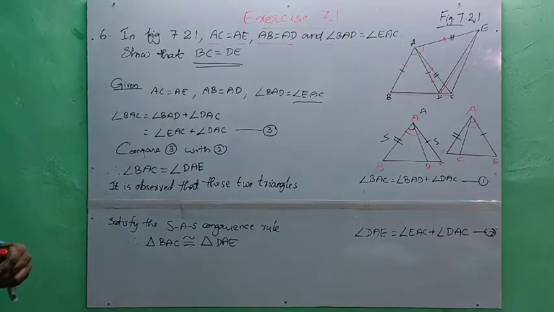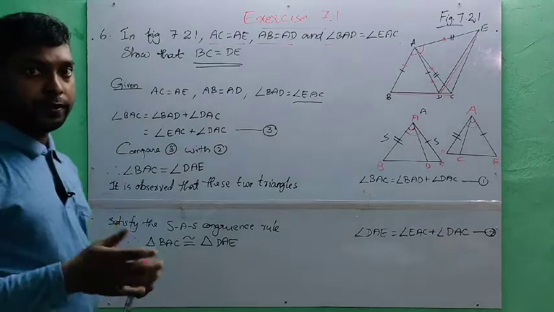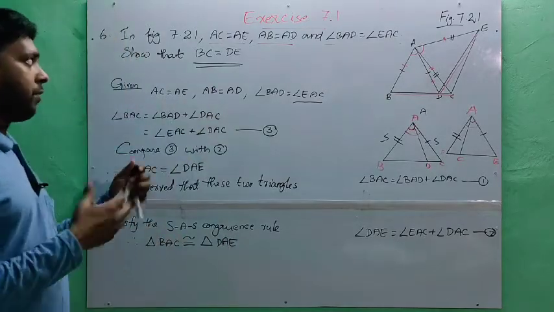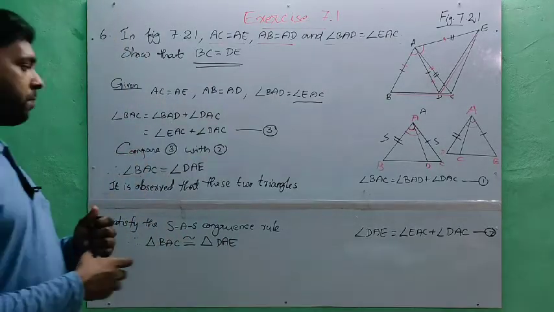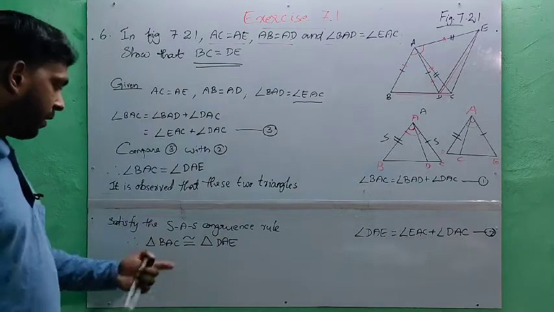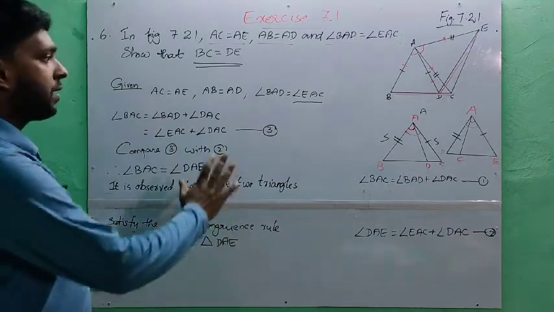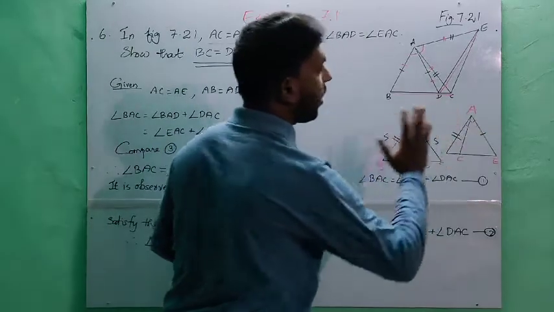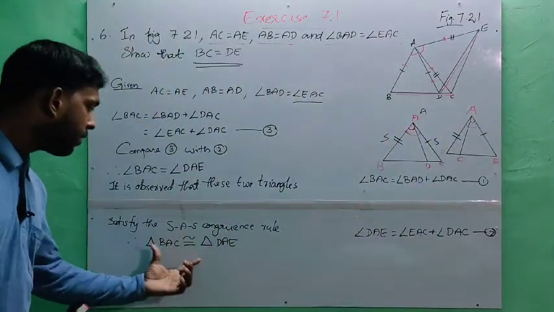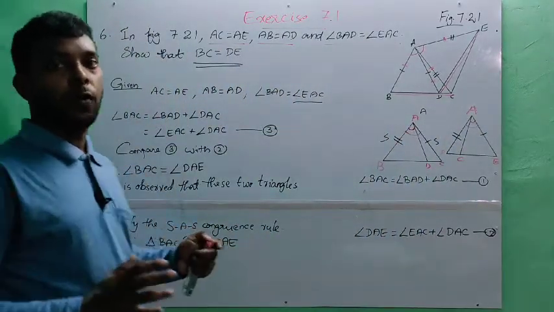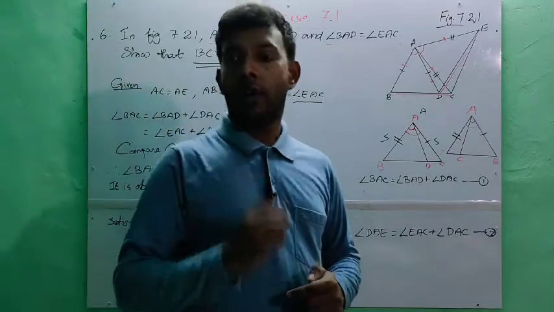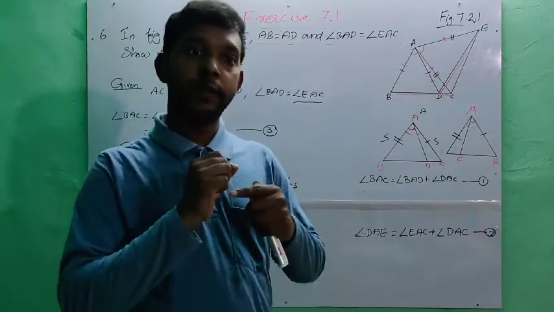Now you must understand, we have not yet reached the solution, or we have not yet proved what is to be proved. Now it's very simple. From here itself we can understand. Since these two triangles are now proven to be congruent, we already know the corresponding parts of corresponding triangles are always equal.